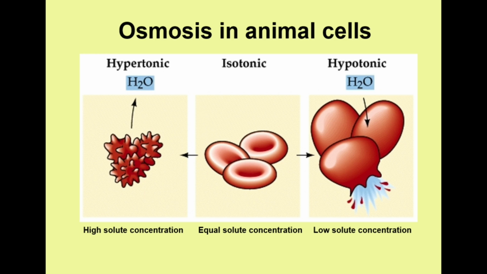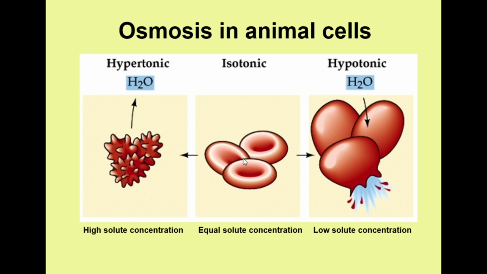Red blood cells are typically traveling around in our blood plasma, which is largely water, so the solute concentration of that plasma, the amount of sugars and salts dissolved in it, needs to be the same as inside the cell, in the cytoplasm. That means you get no net diffusion of water in or out of the cell. You will still get the movement of some water molecules, but no net diffusion. So when the solute concentrations are equal, we refer to that as isotonic.